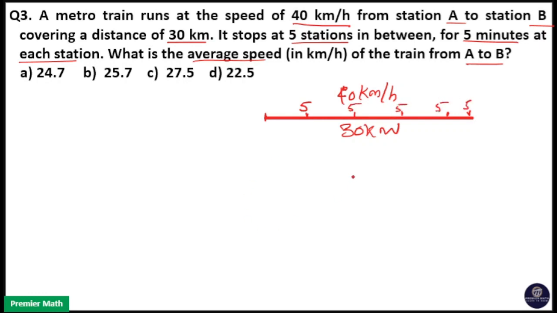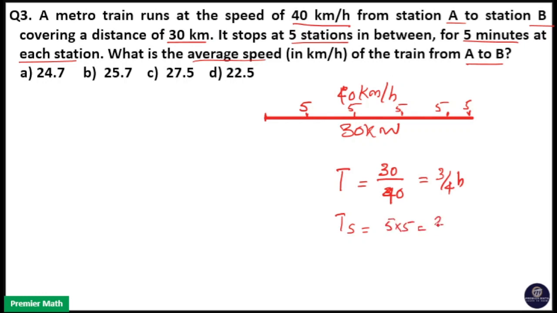That means here time taken to travel is equal to distance divided by speed, which is 30 by 40, that is 3 by 4 hour. Also here stoppage time, train stops at 5 stations, so total stoppage time is equal to 5 into 5, 25 minutes.